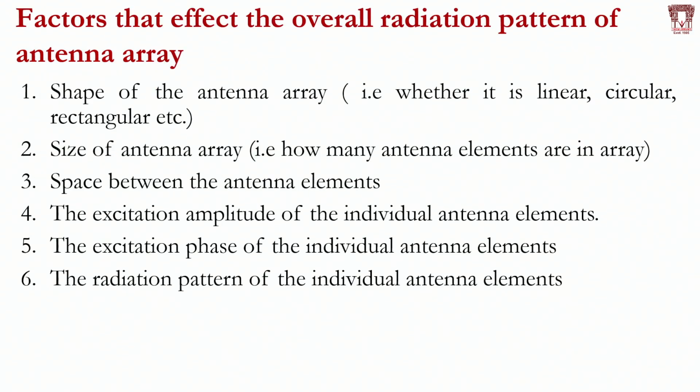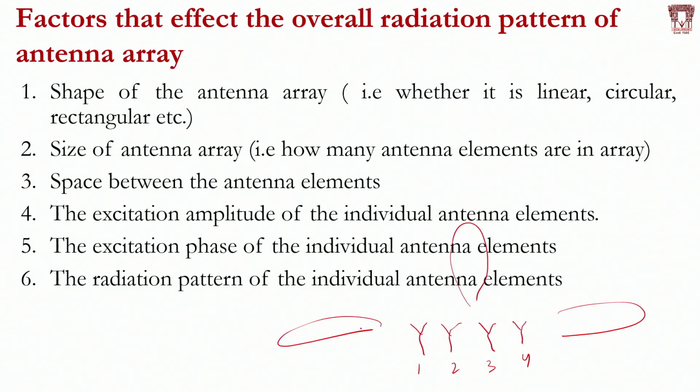Next, what are the factors that will decide the radiation pattern of the antenna array? For example, this is our antenna array: this is antenna element 1, antenna element 2, antenna element 3 and antenna element 4. Which factors will decide the radiation pattern, whether it will be in this direction or that direction?